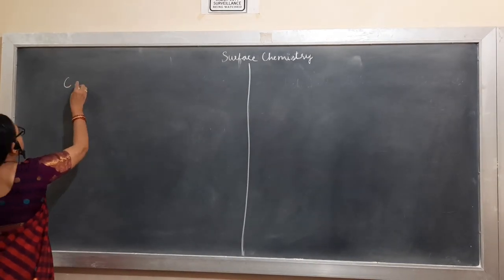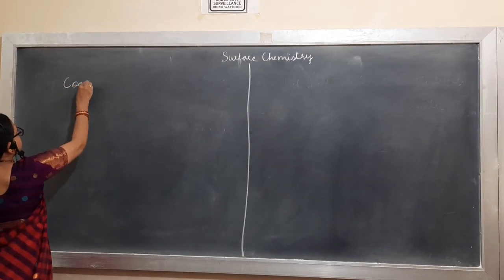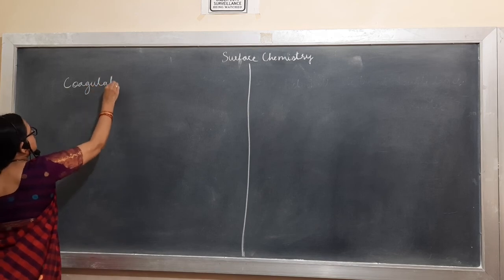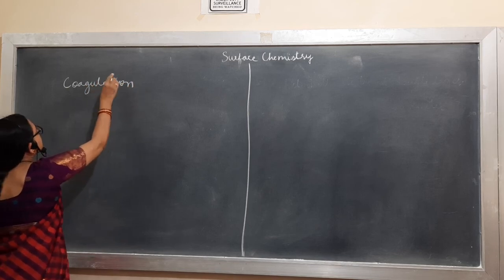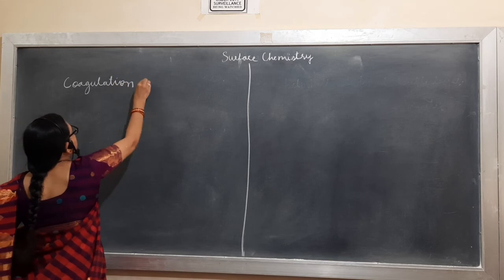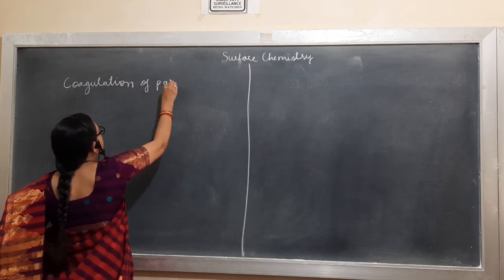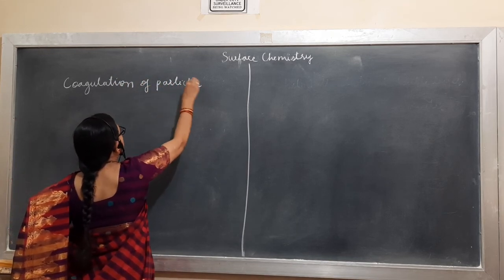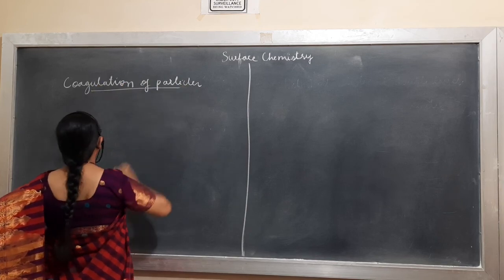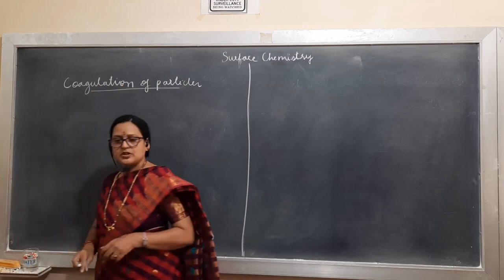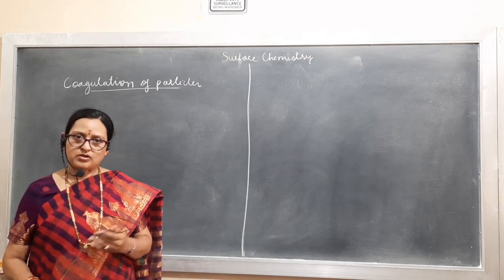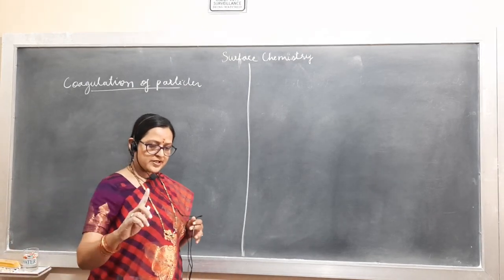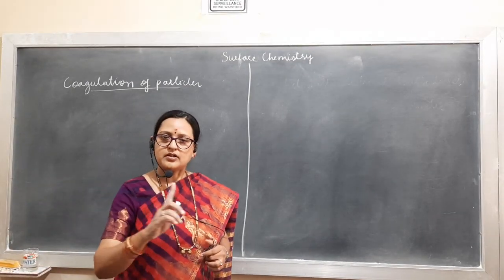Next is coagulation of particles. Here what happens is precipitation occurs. As we are studying, colloidal particles are in continuous motion.